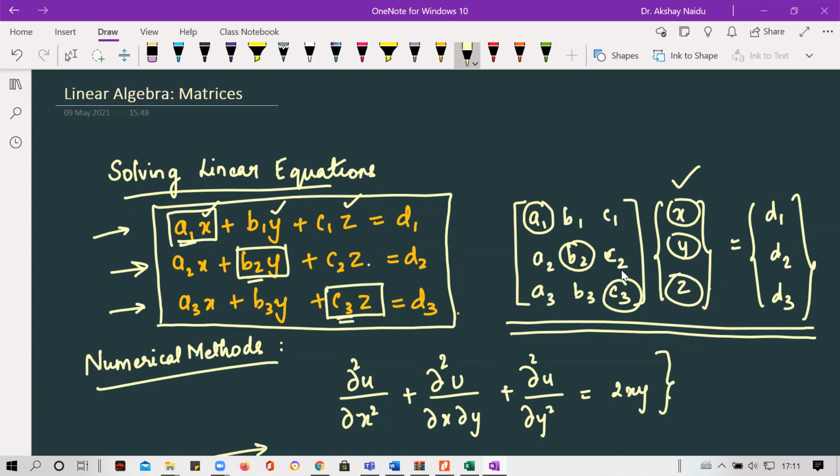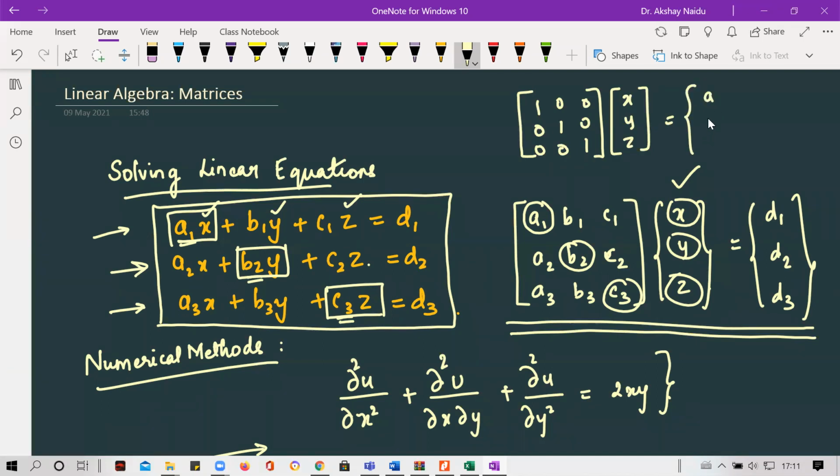The whole idea of the Gauss-Jordan method is you convert this matrix so that you get 1, 1, 1 on the diagonal and 0 elsewhere, multiply with x, y, z, and you get the solution: x is equal to a, y equal to b, z equal to c.